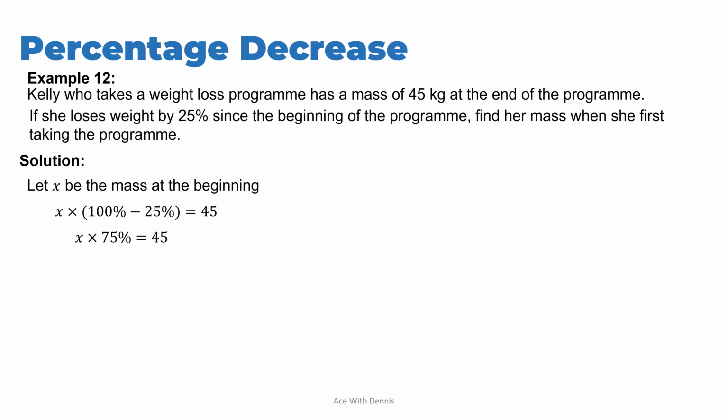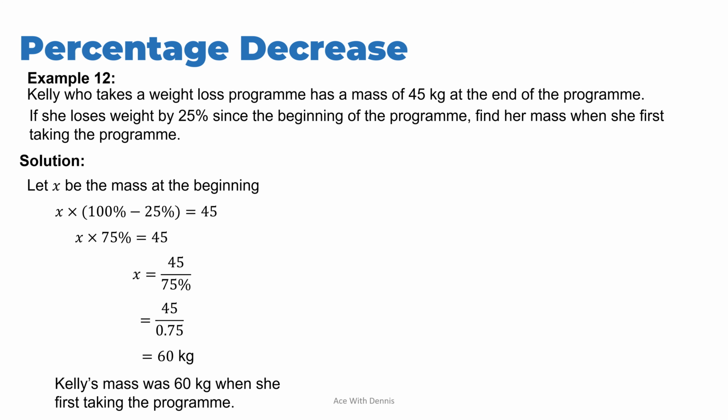Then you solve this equation. 100% minus 25% is 75%. So X will be 45 over 75%, where 75% is 0.75, and the answer is 60 kilograms. So to answer the question, Kelly's mass was 60 kilograms when she first took the program.